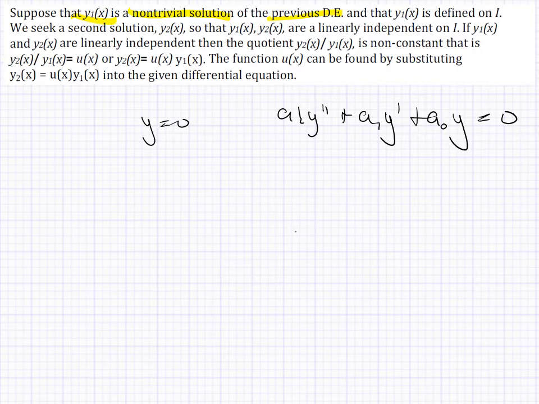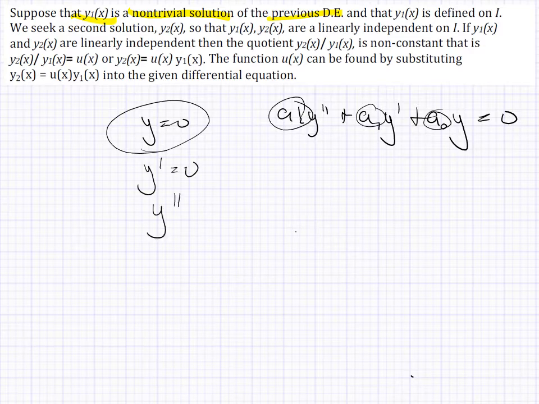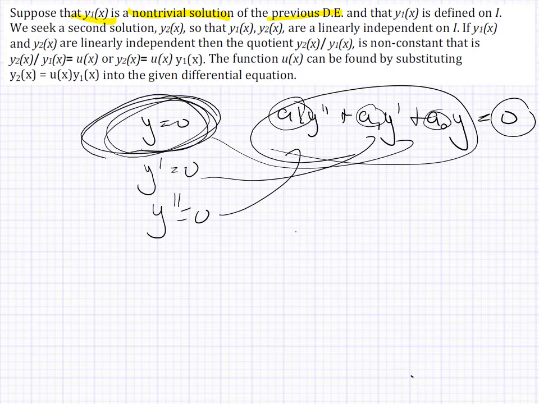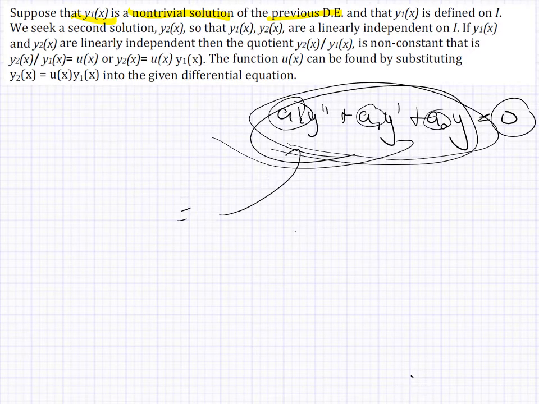That's a second order linear homogeneous differential equation. And this will solve that regardless of what a2, a1, or a0 are. Because the derivative of 0 would be 0, the second derivative of 0 would be 0. And so if I plug that in here, here, and here, of course, this side would equal 0, and therefore that would solve the equation. But we consider that to be the trivial solution, because that's going to solve every homogeneous linear differential equation. So we're going to ignore that. We're looking at a non-trivial solution, so not one of those.